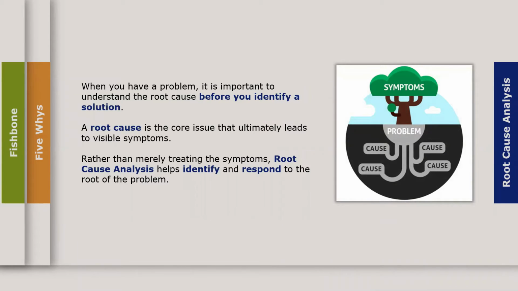The portion that is visible represents the symptoms of your problem. If you were to simply trim the weed so it is no longer visible, it would likely continue to grow back because the root of the problem was not addressed. Therefore, in order to truly resolve the problem, you must either uproot the plant or kill the root system, as this is the source of the problem.